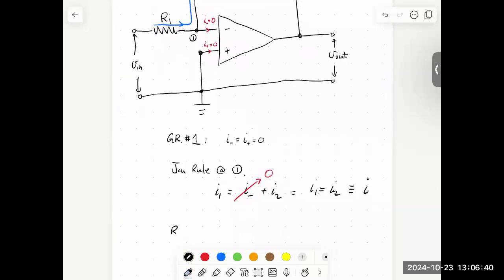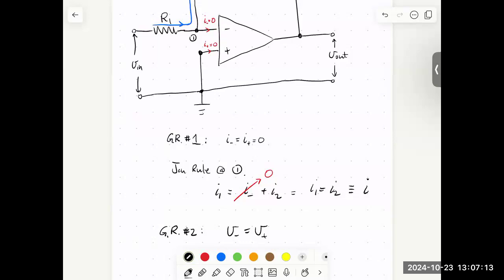So we next go to golden rule number 2. Golden rule number 2 said that the voltage at the inverting input and the voltage at the non-inverting input have to be equal. I think I said this last time, but let me just remind you, by far the most common mistake in op-amp analysis is that students say V minus is equal to V plus is equal to 0.